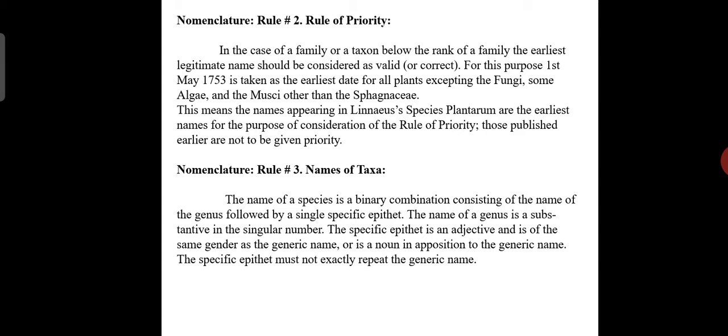The specific epithet is an adjective and is of the same gender as the generic name, or is a noun in opposition to the generic name. The specific epithet must not exactly repeat the generic name here.